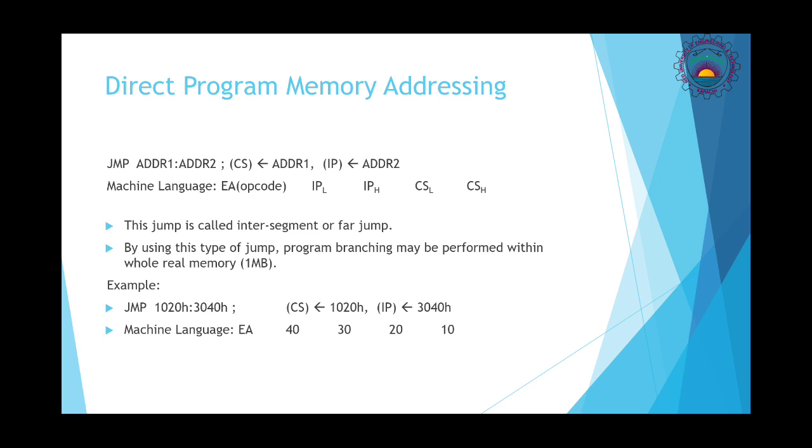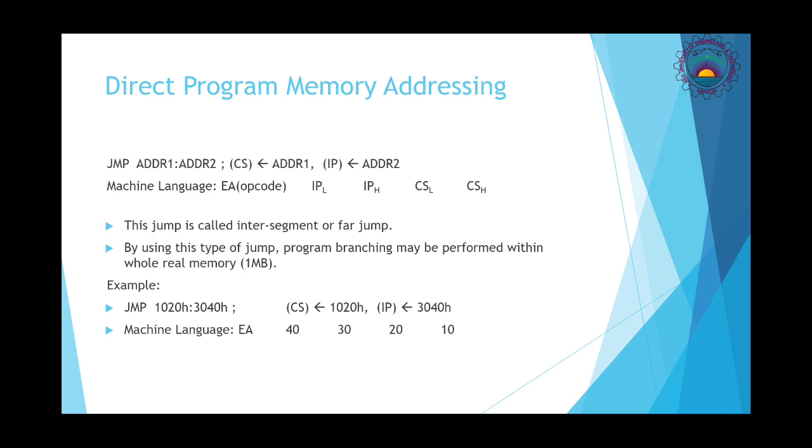One of the examples is given here: JMP 1020 hex colon 3040 hex. When this instruction is executed by the microprocessor, the code segment register will have address 1, that is 1020 hex, and the instruction pointer register will have address 2, that is 3040 hex.